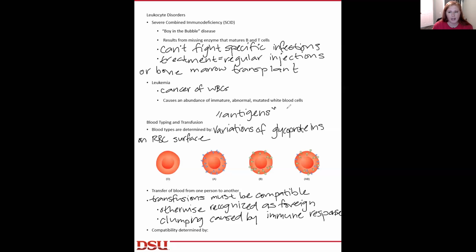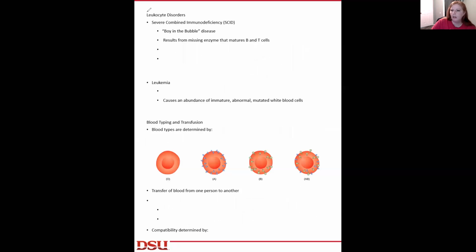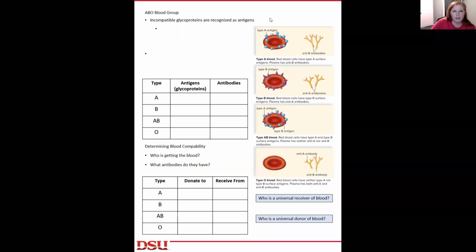It would be an antigen if you put your blood into somebody else. Just so you're not confused. Oh, well, maybe that made it more confusing. You often hear it talked about, the A antigen on a red blood cell. It's these glycoproteins. All right, let's talk about compatibility.